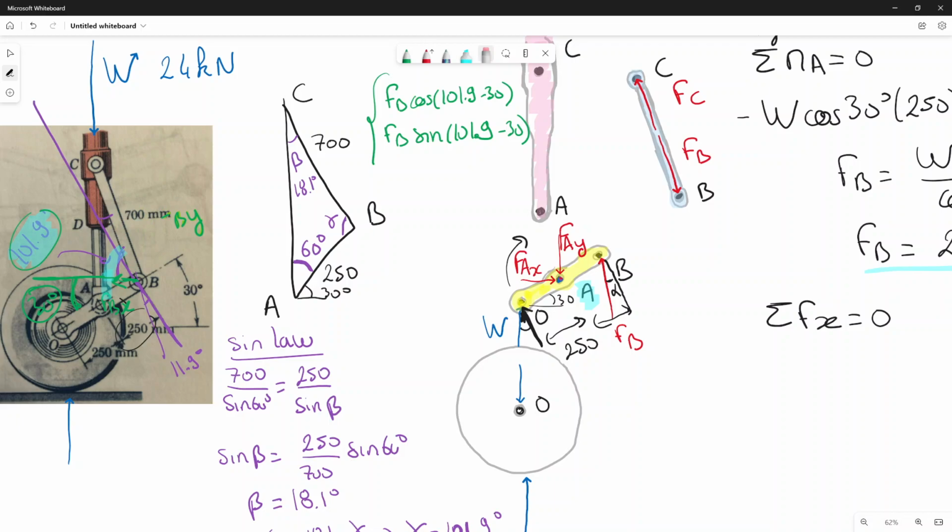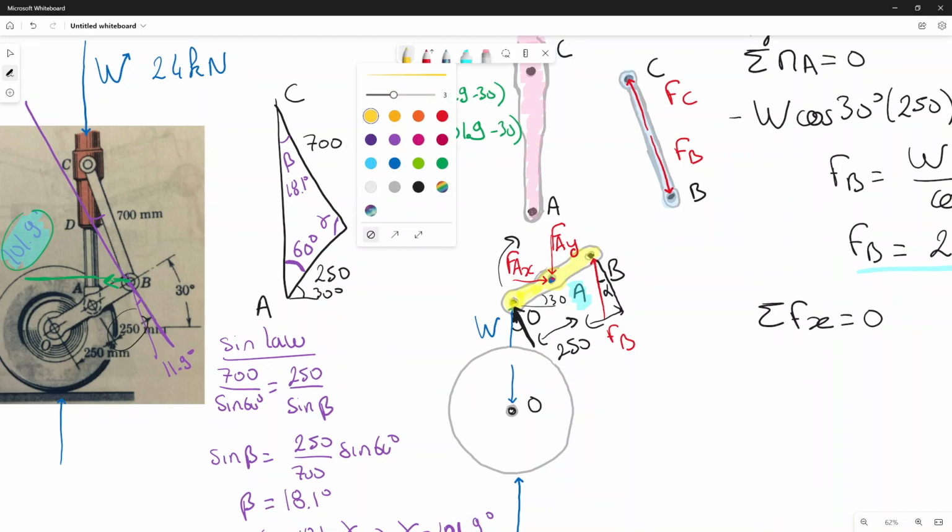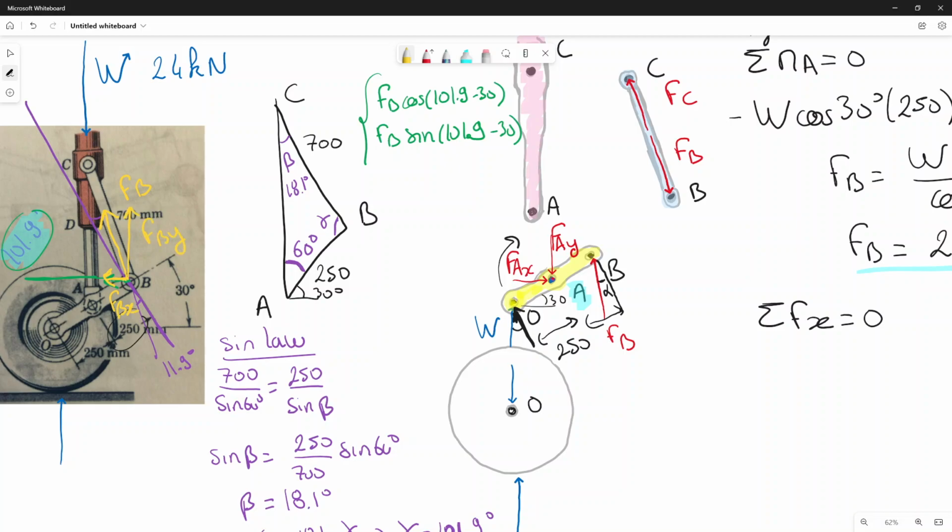I will draw them again just for you so we can see again. So this is FB. Okay, and we try to find FBx and FBy. Okay, so what we know is this 101.9, that is this angle, in orange.